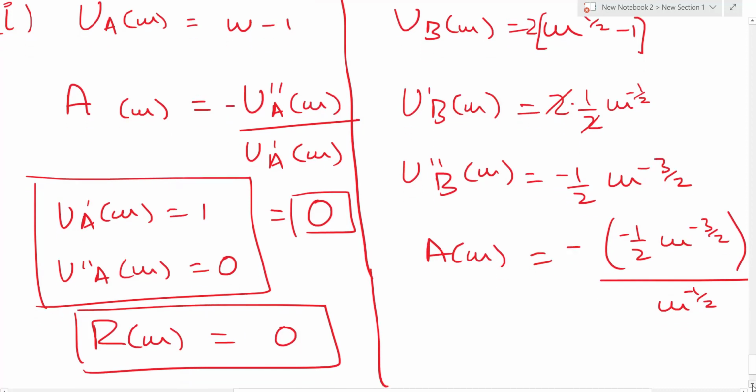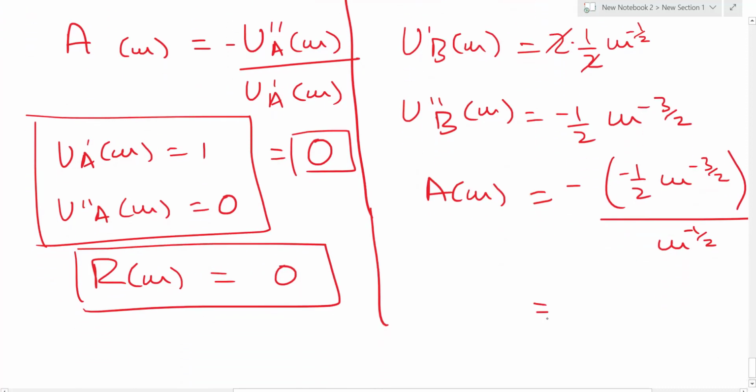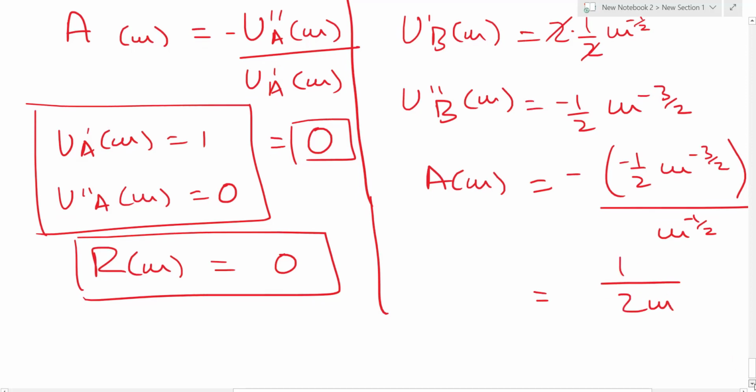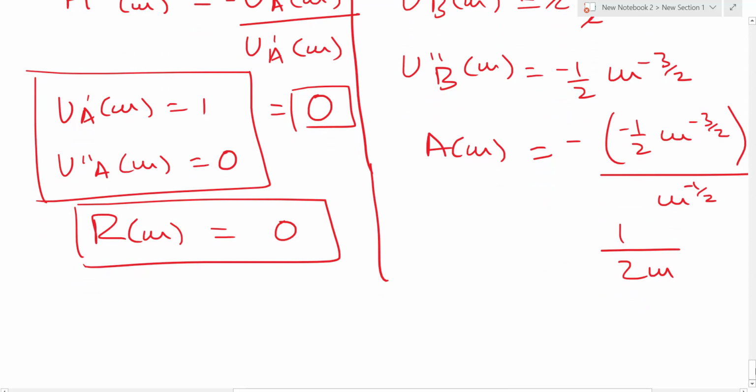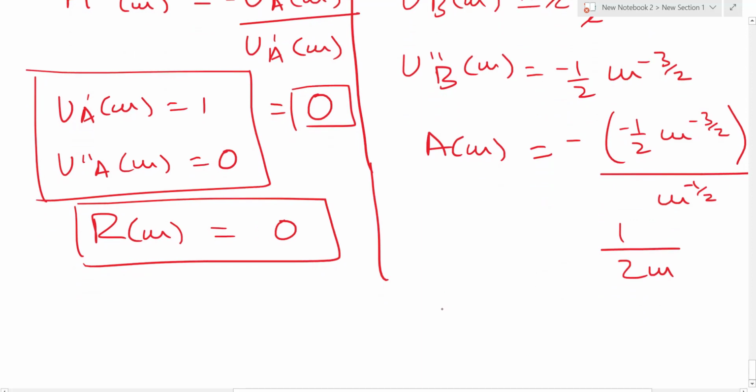So minus and minus will cancel out. It would be 1 upon 2W. And if you take R of W, it would just be half, because it is just A of W multiplied with W.